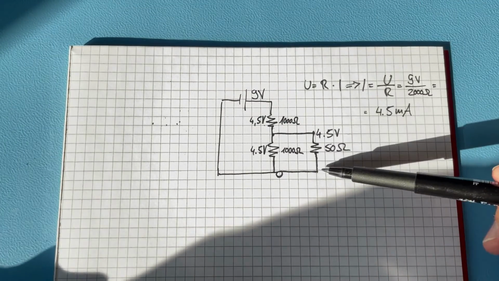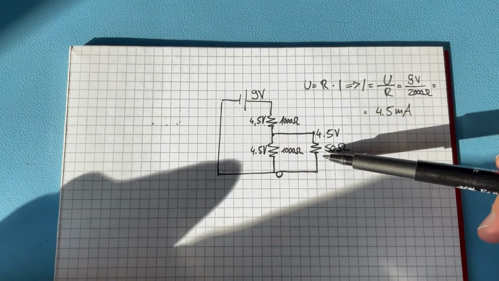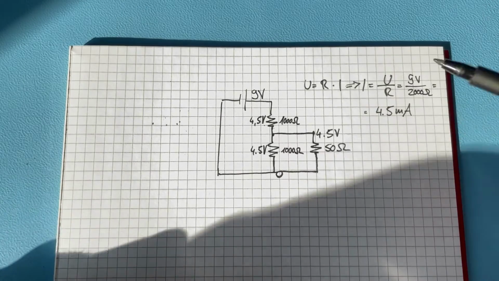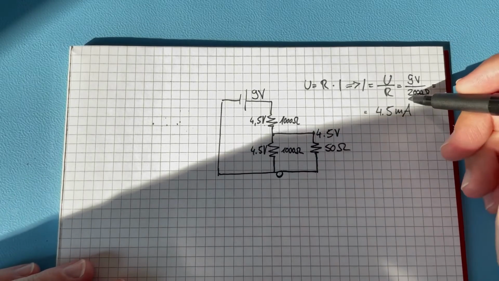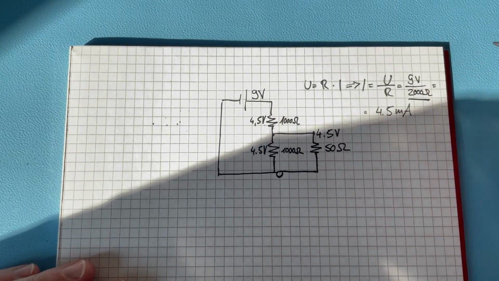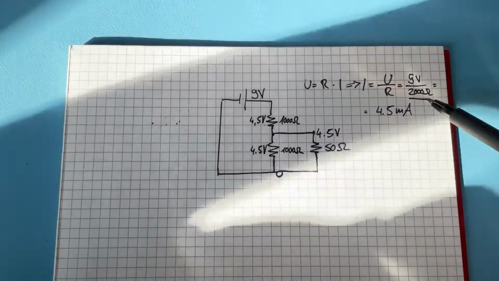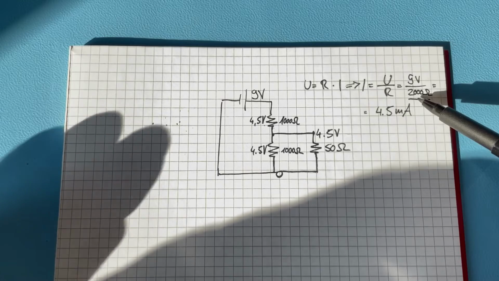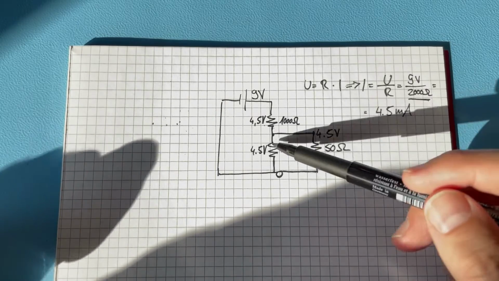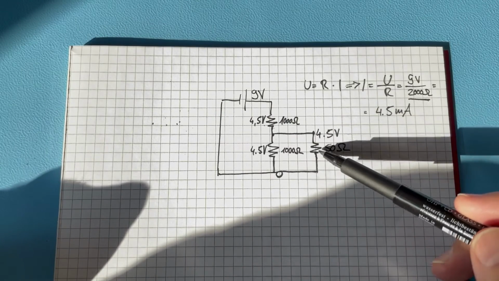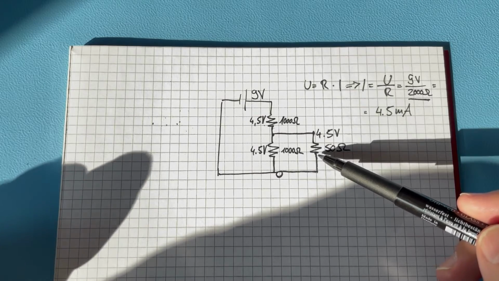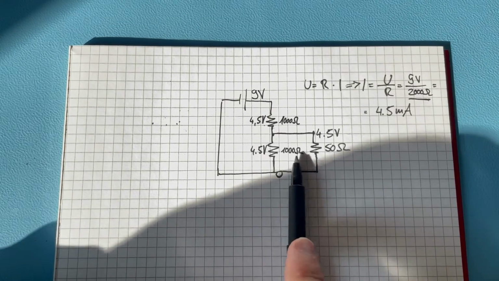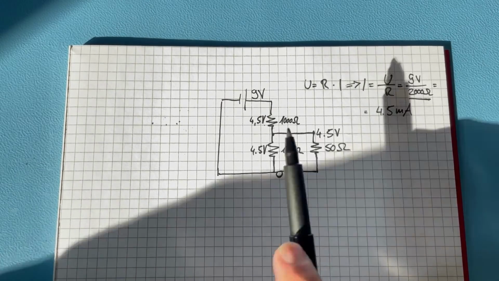Now that we have this 50 ohm resistor in parallel, our whole resistance here is not 2000 ohm, not 2 kilo ohm, because now we have to respect this 50 ohm resistor. And as you know, how do we calculate a parallel resistance?